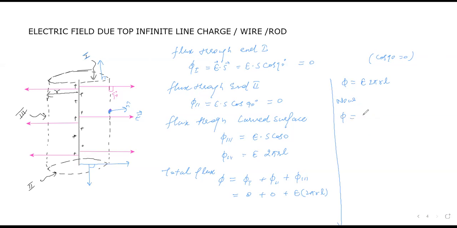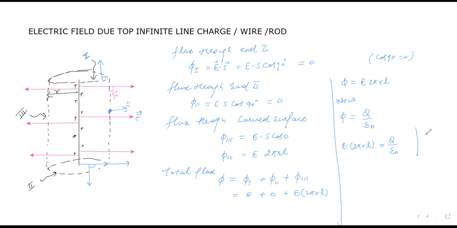Now phi is equal to Q over epsilon naught. So we can put the value of phi: E into 2 pi RL is equal to Q over epsilon naught.